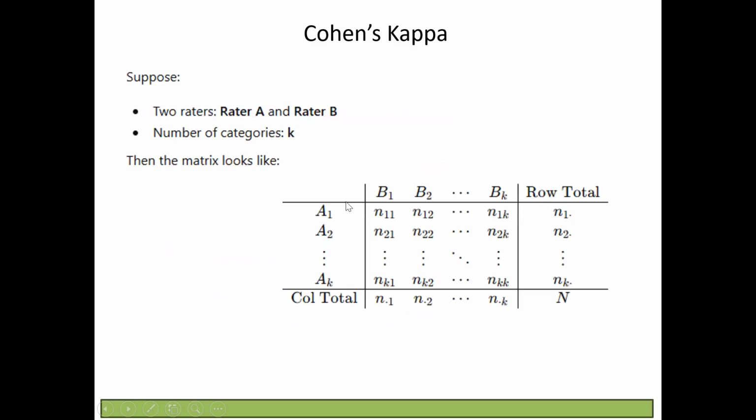For kappa, we need to make a cross tabulation where rater A categorizes total n observations into A1 to AK, and rater B categorizes n observations into B1 to BK.